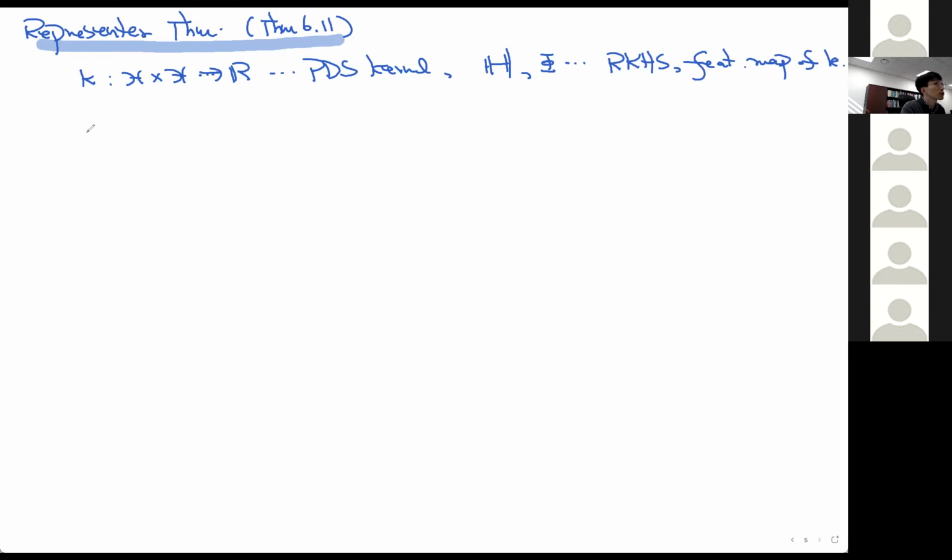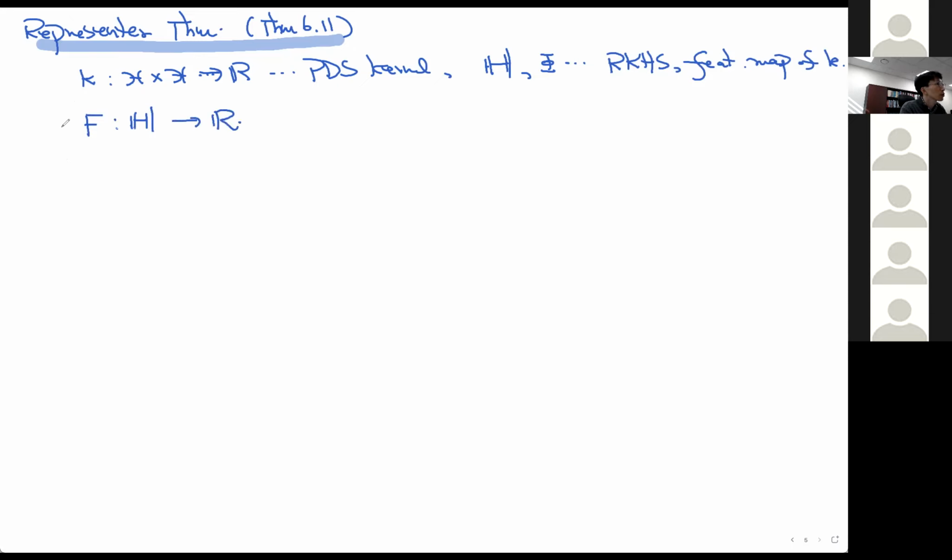We assume that the optimization problem has two components. F is an optimization objective, but the optimization that we are trying to solve is over the RKHS. So you take some element h, which is a function that takes input x and returns a real number.